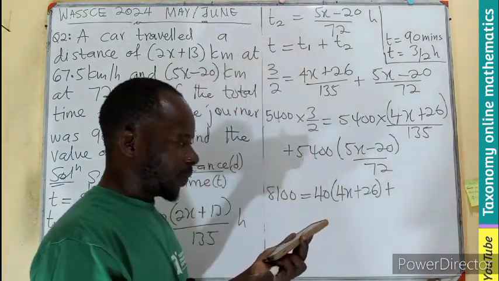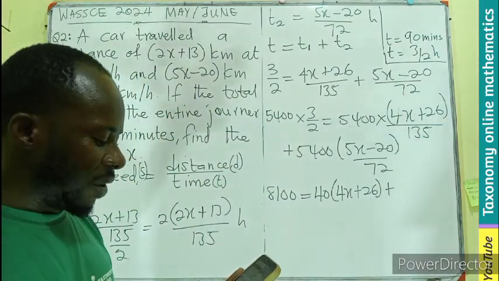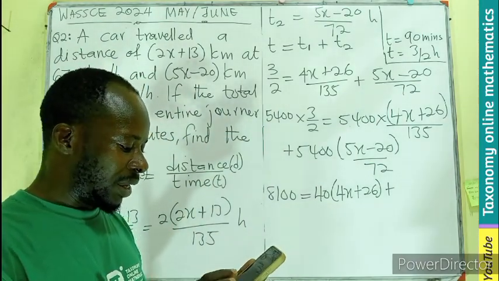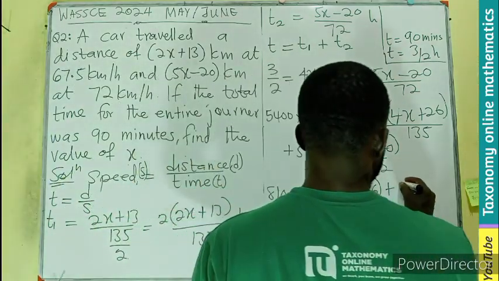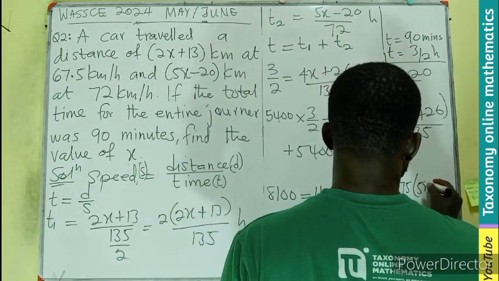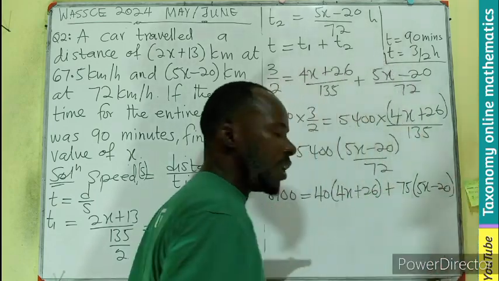And 72 dividing 5,400 gives 75, multiplying 5x minus 20.